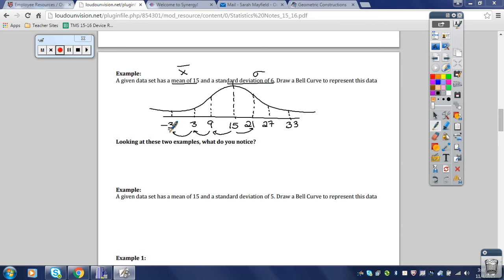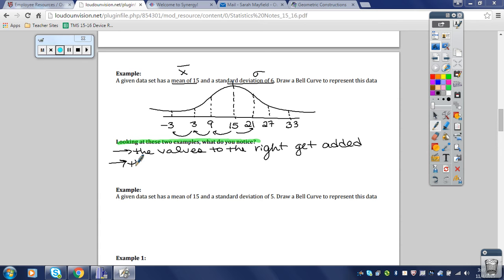All right, so looking at these examples, what do you notice? Okay, let's go ahead and highlight this. What are some things you notice? The values to the right get added.